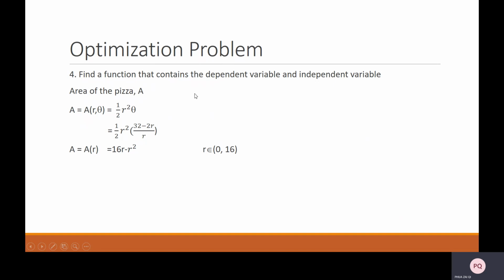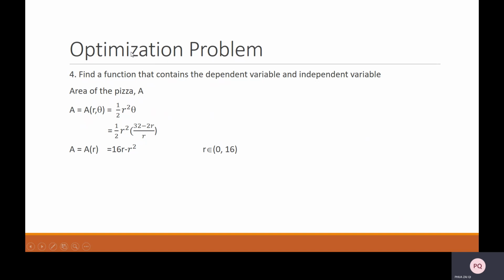Using the theta we got from the previous calculation, theta equal to (32 minus 2r) divided by r, we substitute the value into the equation. We can simplify this equation to one unknown variable.